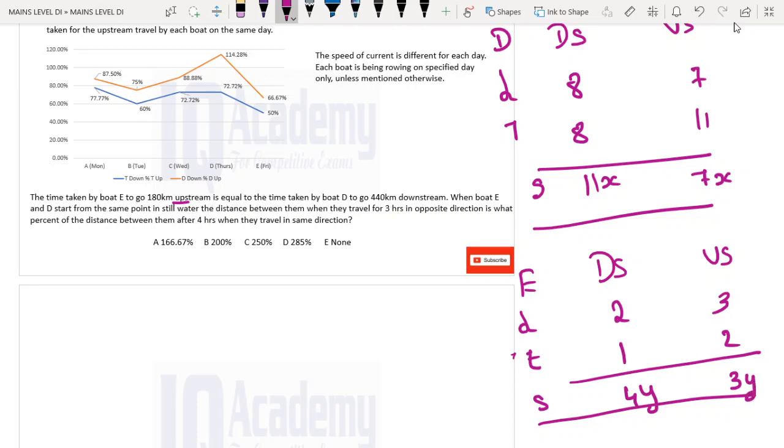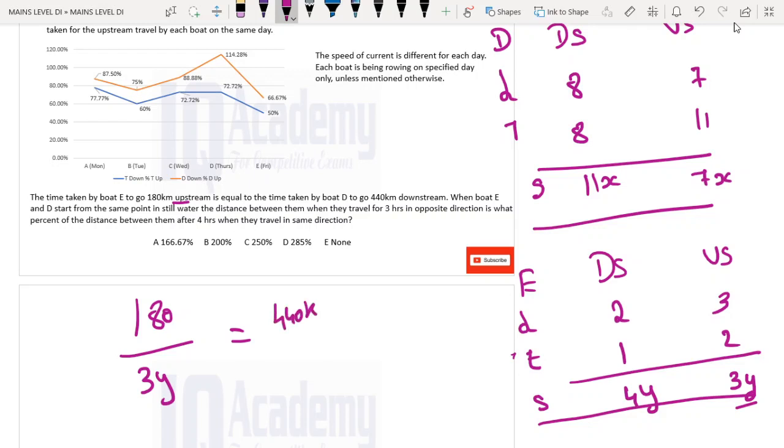So the time taken by boat E to travel 180 km upstream is 180 divided by the upstream speed of E, which is 3y. This is equal to the time taken by boat D to go 440 km downstream.